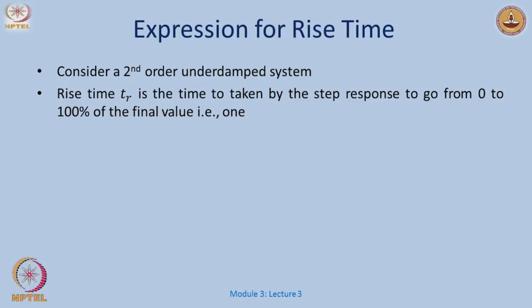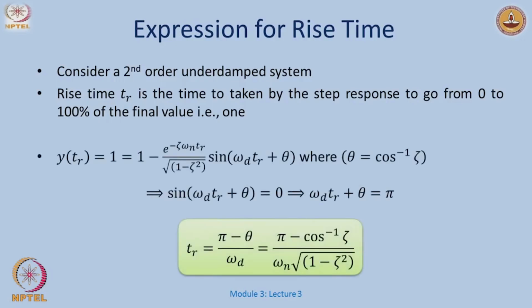So, start with the second order underdamped system with the typical transfer function which we derived last time, G of S equals omega n squared over S squared plus 2 zeta omega n S plus omega n squared. And for the response of this system, zeta is less than 1 and of course greater than 0.